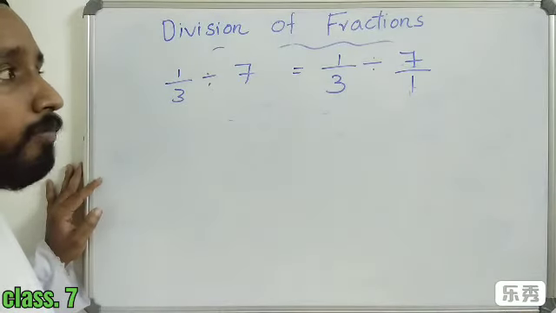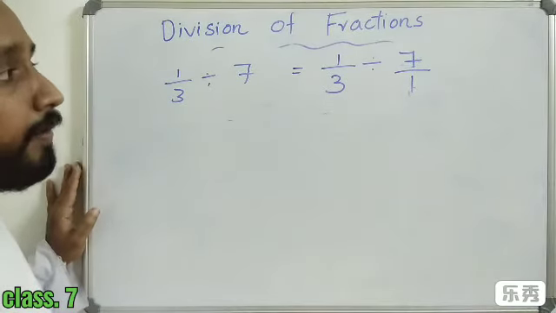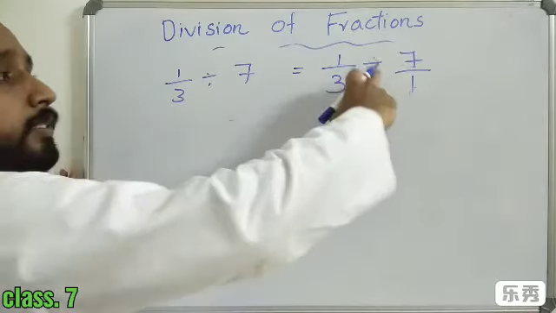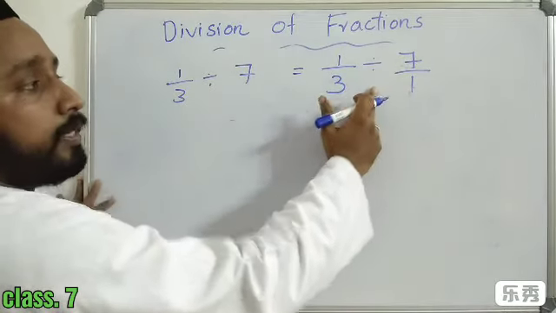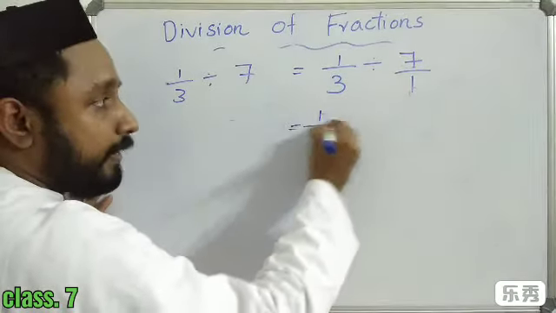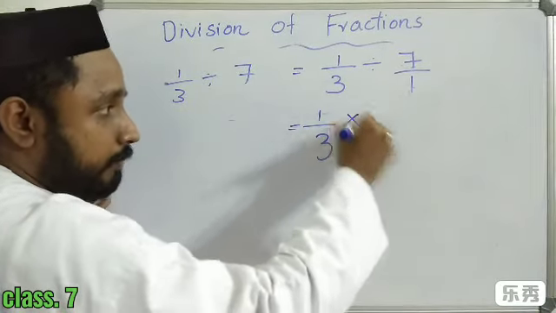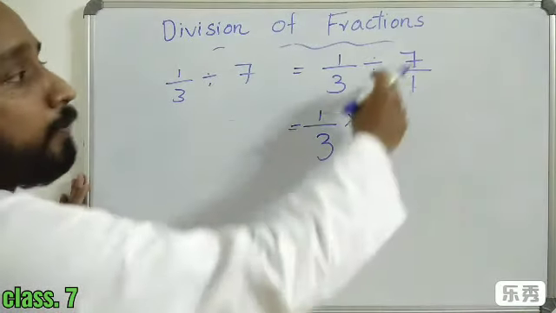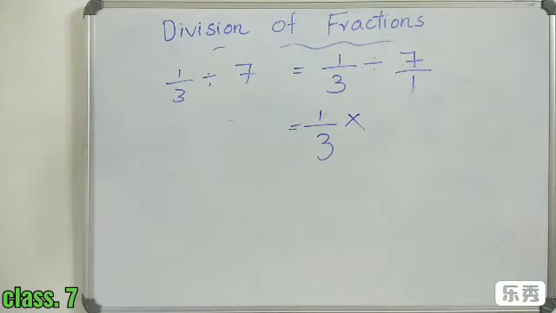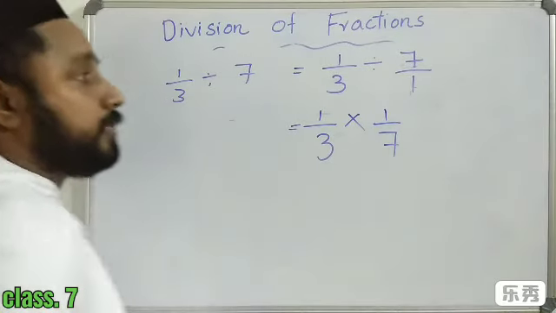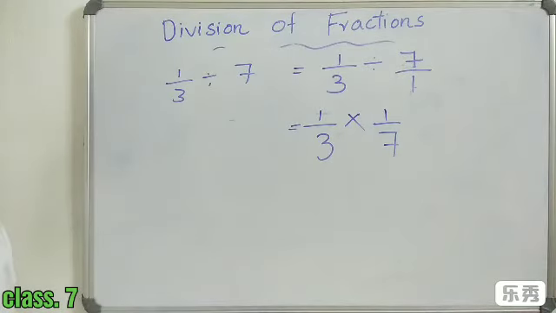So 1 by 3 divided by 7 by 1. The next step is to change this division into multiplication, which means we change the sign. The reciprocal of 7 by 1 is 1 by 7.